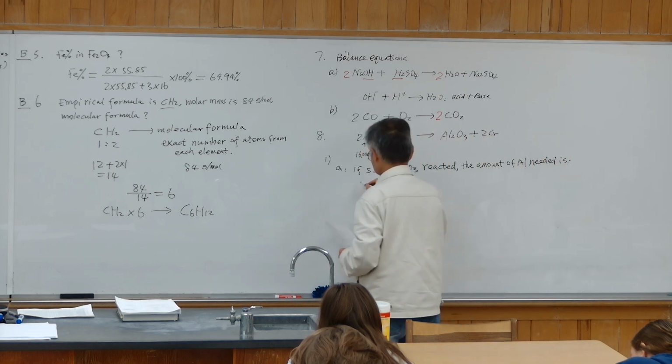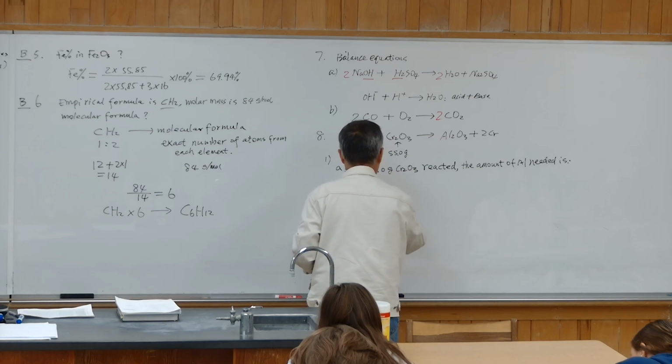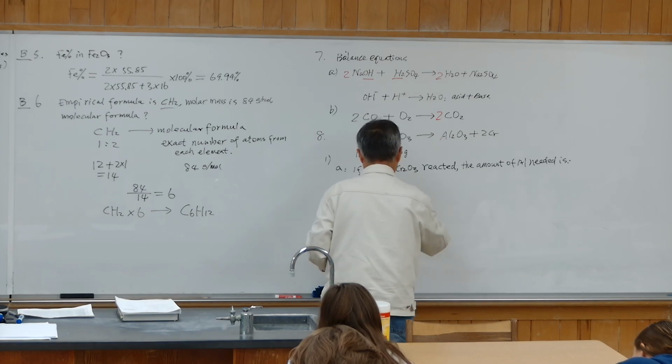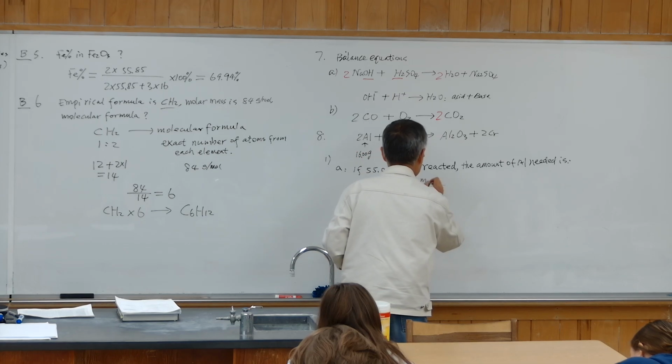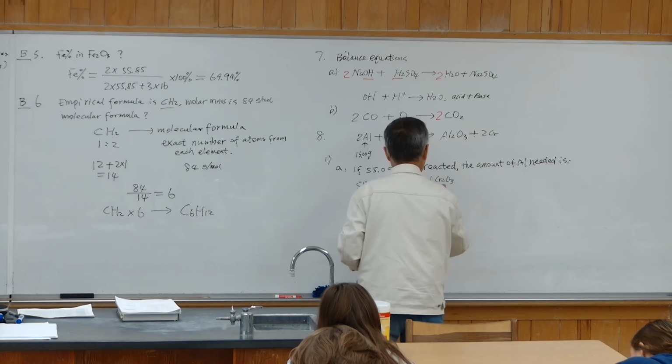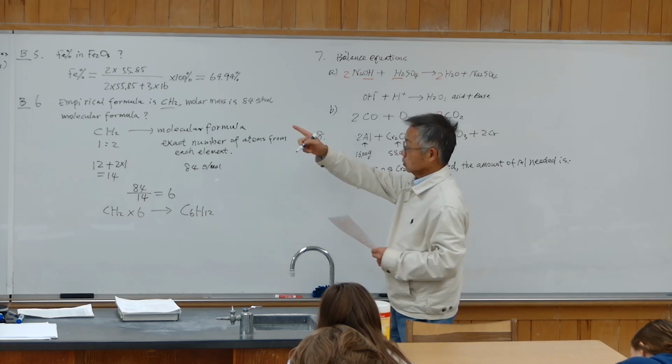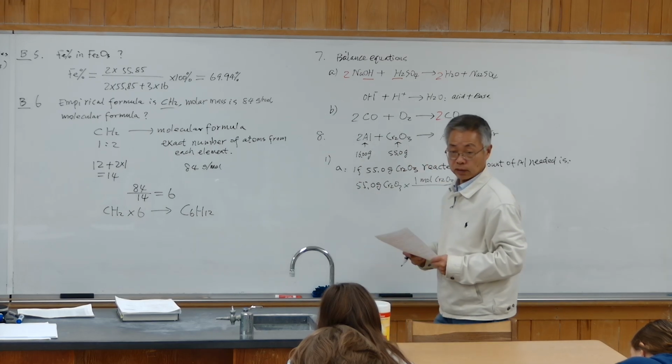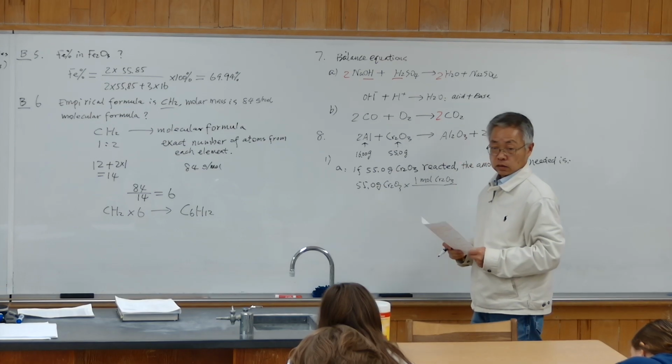Since 55 gram is a mass, we definitely need to convert it to moles. Mass always converts to moles. So mass divided by molar mass, right? That chart, mass divided by molar mass. Then what is the molar mass?